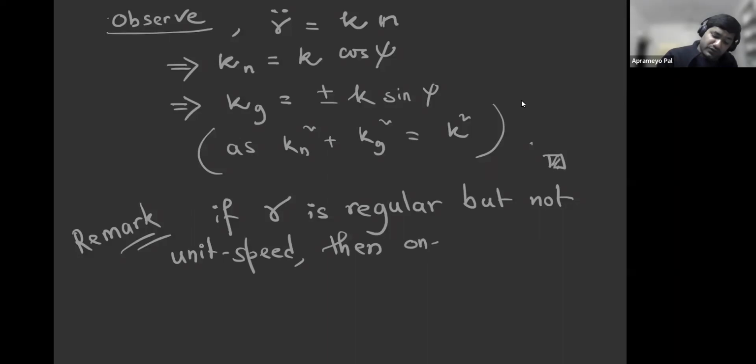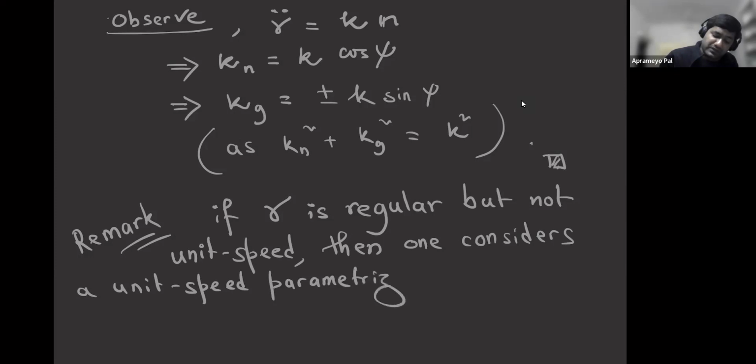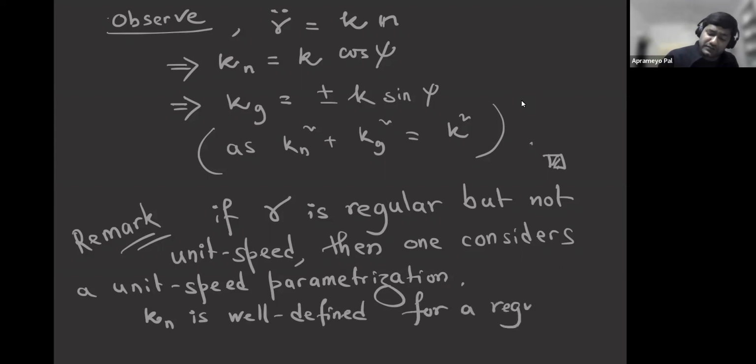Then one considers a unit speed parameterization. And if that is the case, then Kn is actually well defined for a regular curve. You don't need to assume the unit speedness.